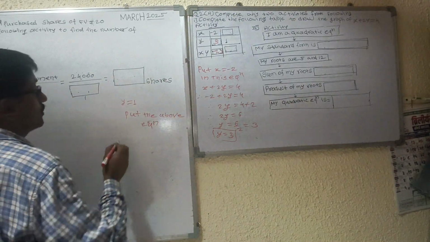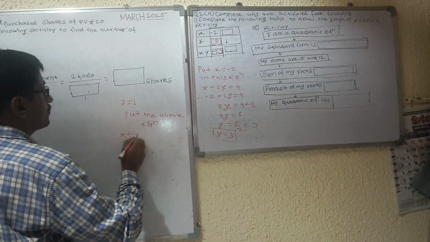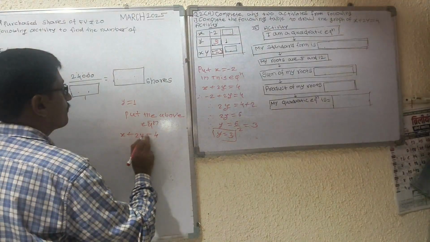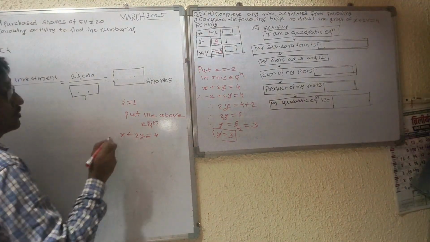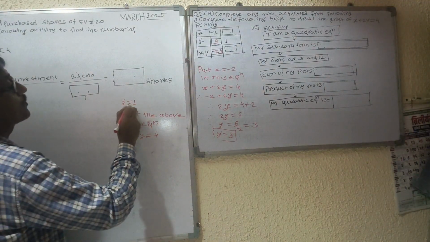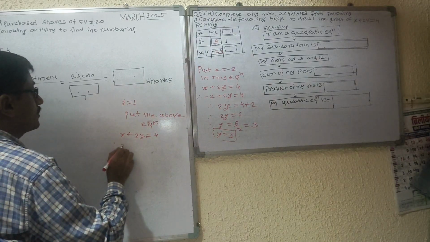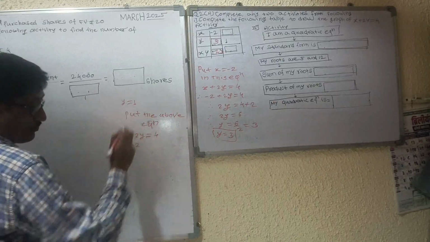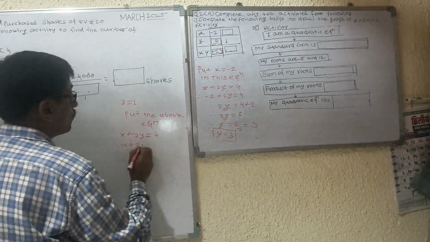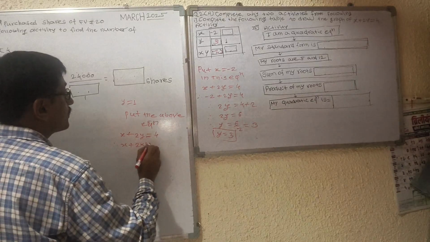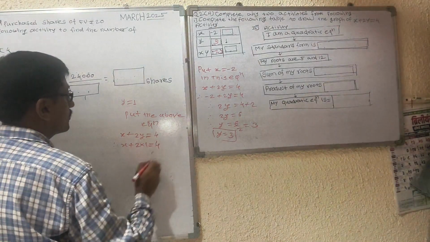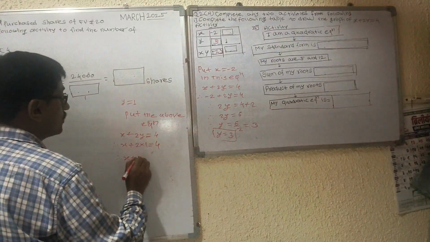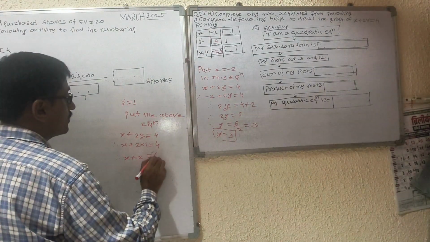I write this equation x plus 2y is equal to 4. What is the value given here? y is equal to 1. Since x plus 2 into 1 is equal to 4.